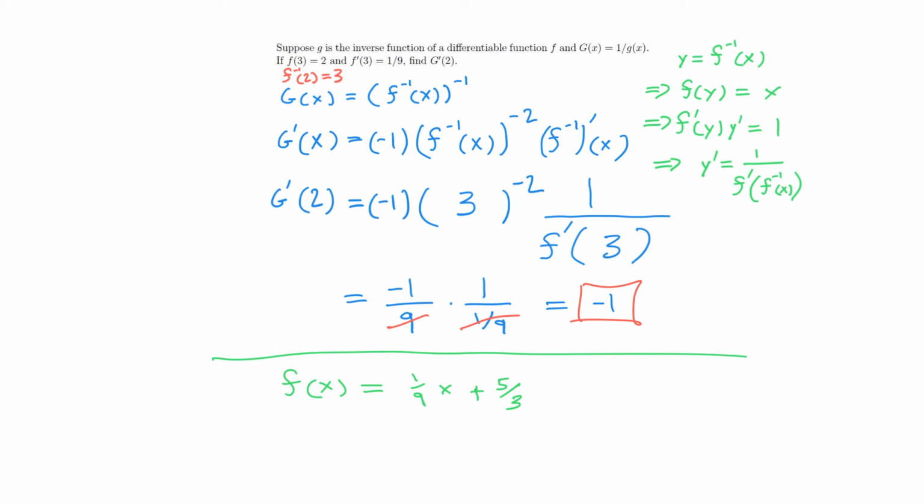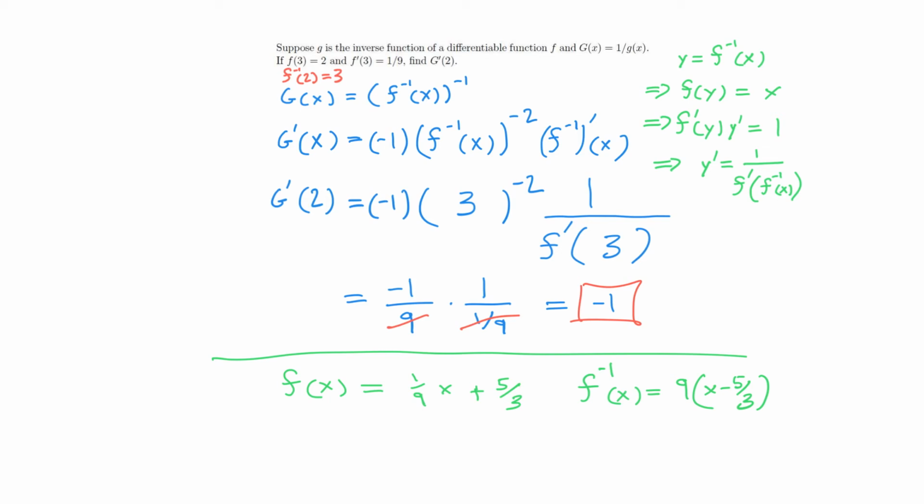Okay, now to play out this problem, we'll also need the inverse of this function f before we can plug it into g. So f inverse, how would we find that? We would subtract both sides by 5/3 and then multiply both sides by 9. So the inverse function would be 9 multiplied by x minus 5/3.